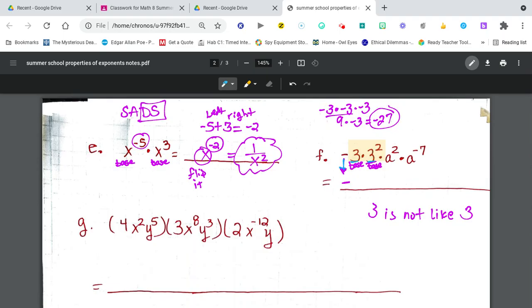So if they both don't look like a negative, bring the negative down and look at this as a 3 and another 3. So if I bring the negative down and I look at it as a 3 and another 3, I'm going to write 1, 3 and add the exponents. That's an understood one. 1 plus 2 is 3, okay?